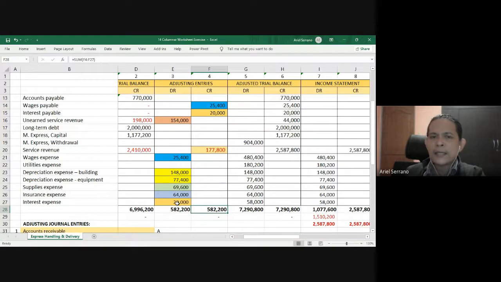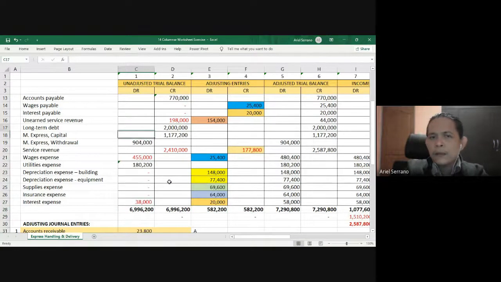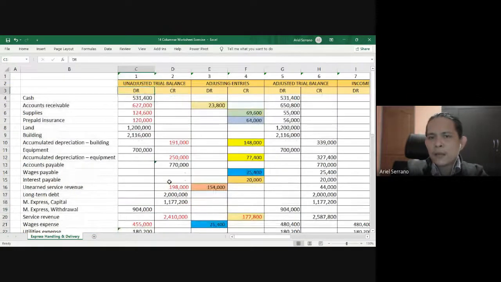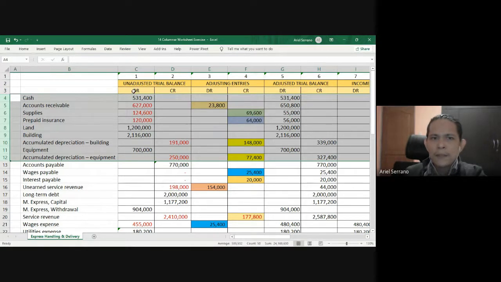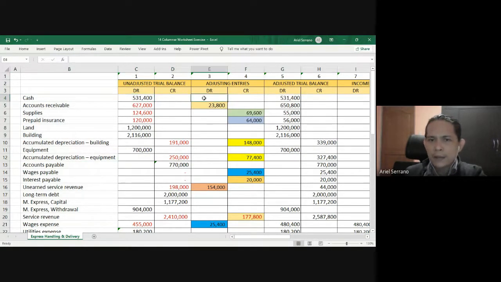Okay, reconstructing the unadjusted trial balance, we'll just have to figure it out. Debit plus debit equals debit here. For the asset portion, cash, accounts receivable, supplies up to your equipment, debit plus debit. Okay? If there is a credit balance, it has to be subtracted.